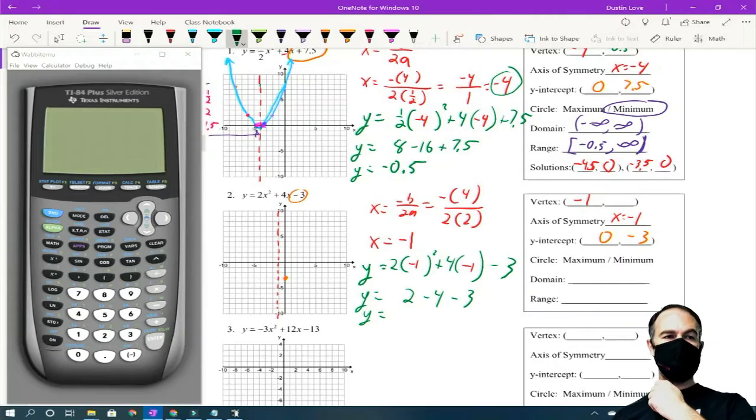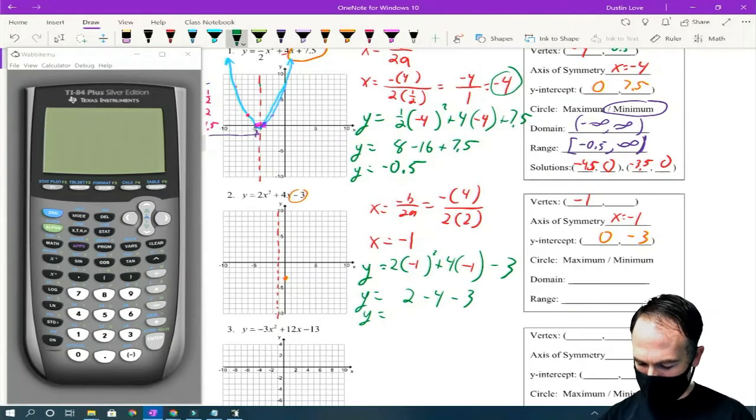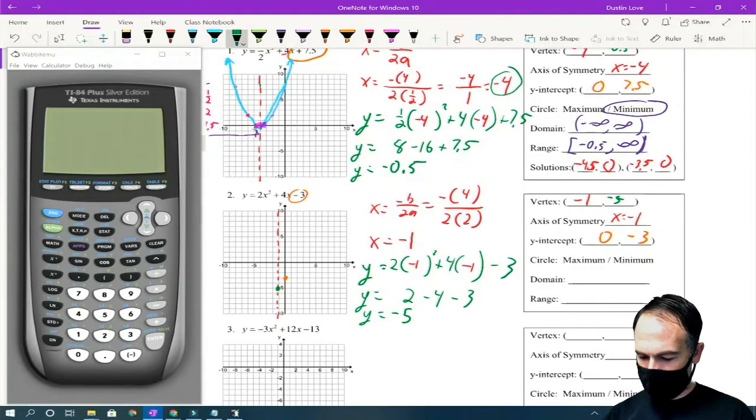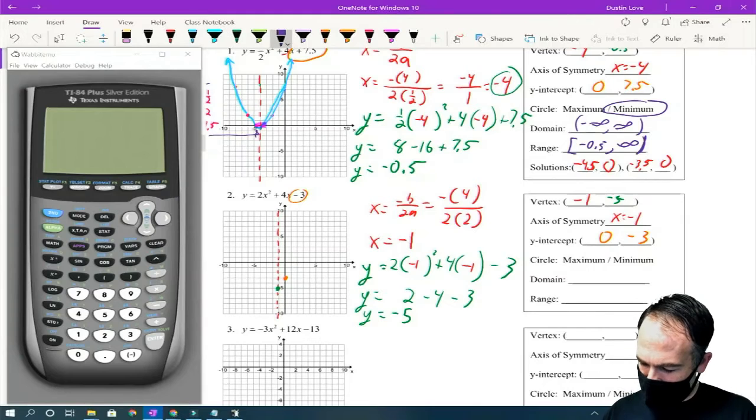And then 2 minus 4 is negative 2, minus 3 is negative 5. So negative 1, negative 5. Looks like this one is also going to be a minimum. I can see that because it's going to go up this direction.